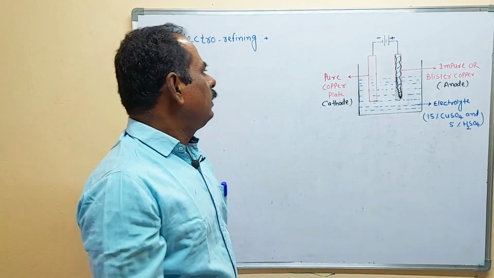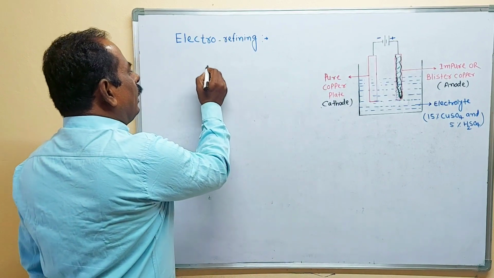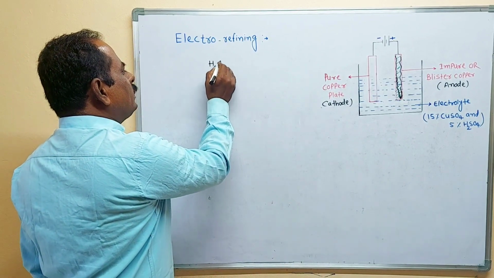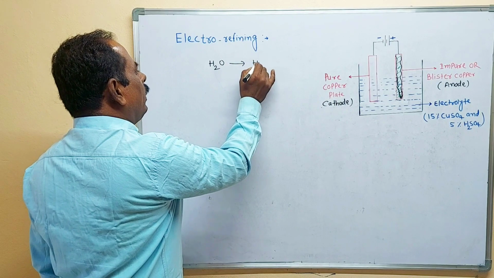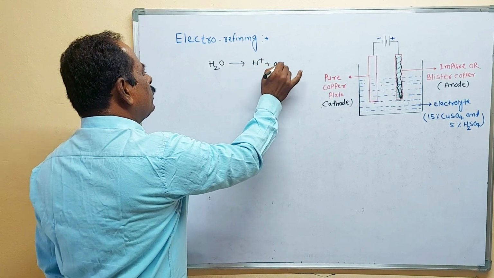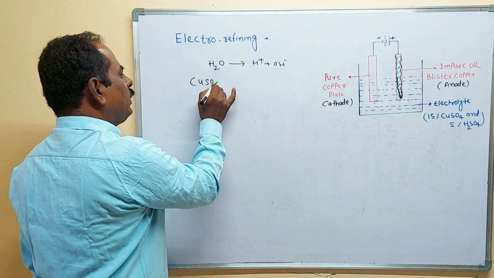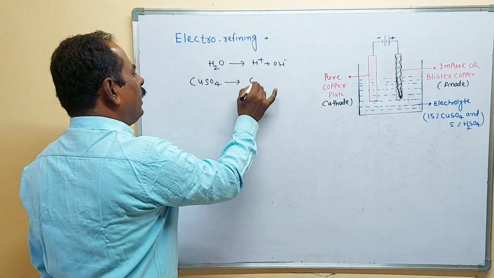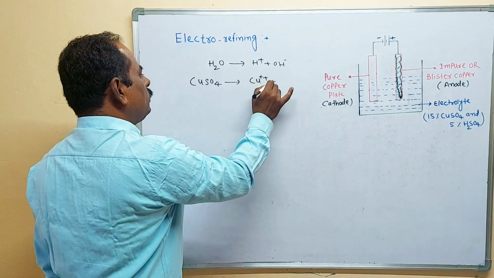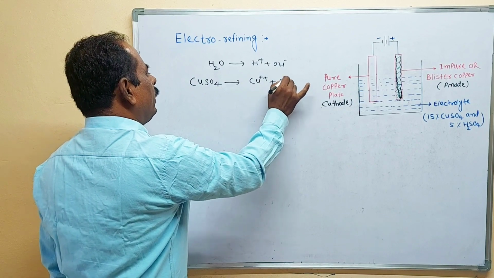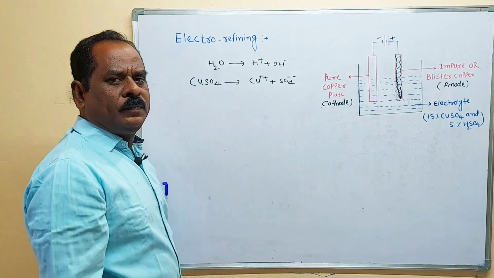Then what happens? At first, the water molecule is ionized to form a hydrogen ion and hydroxide ion, and the copper sulfate solution is also ionized after passing the electric current, forming copper ions and sulfate ions.